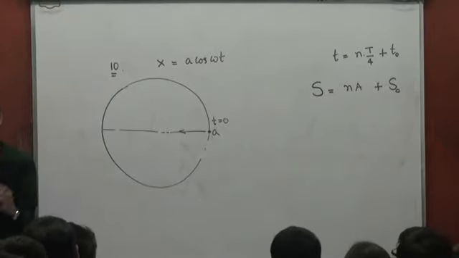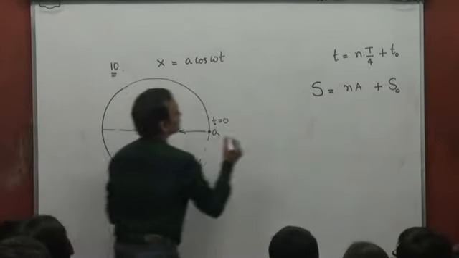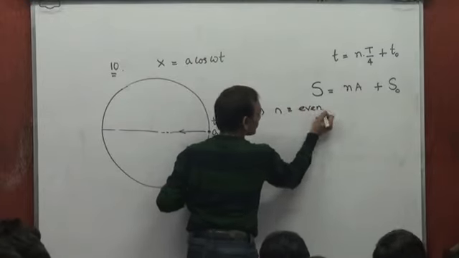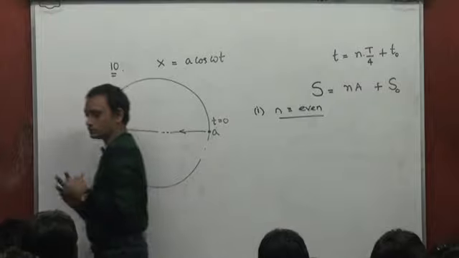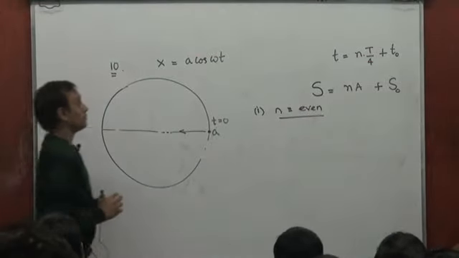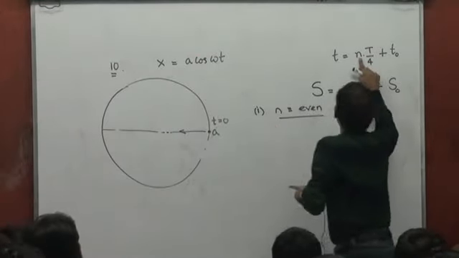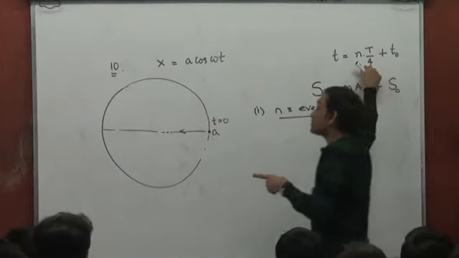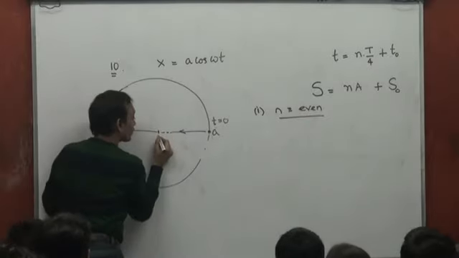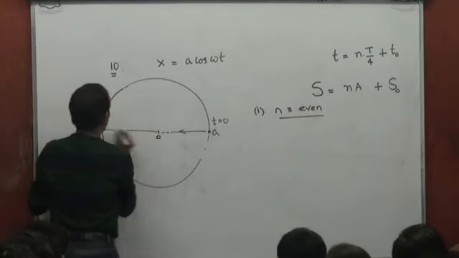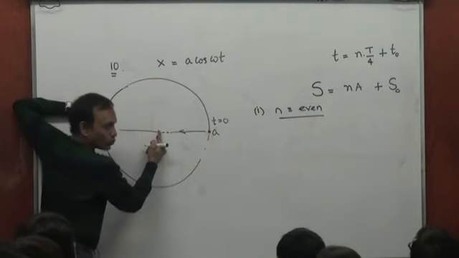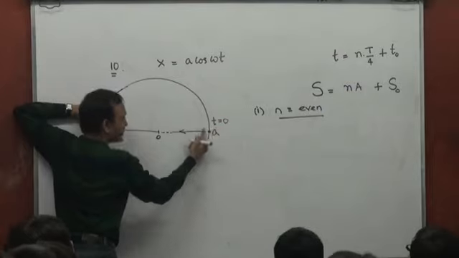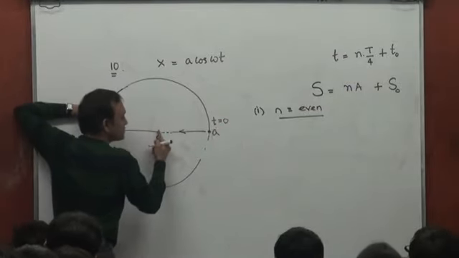Say n is even. Even means an even number of quarter periods. See, O is this. This is the other extreme. This is 1 quarter period, this is 2 quarter periods, this is 3, this is 4 quarter periods, then 5, 6, 7, 8.